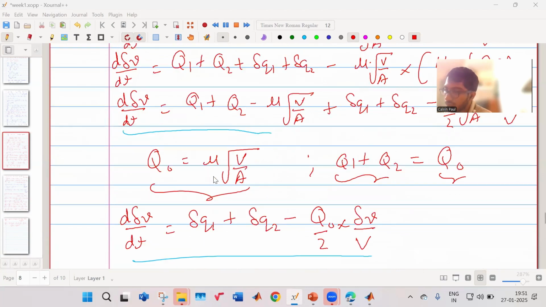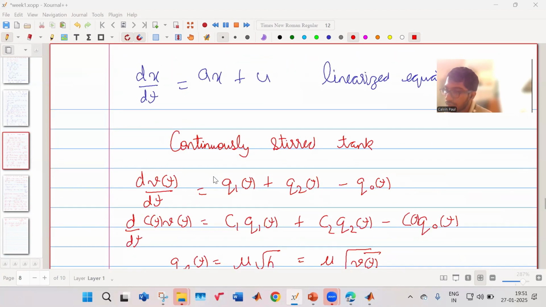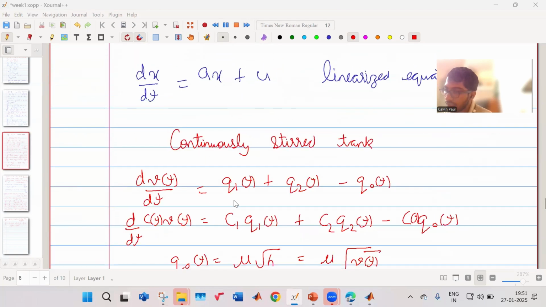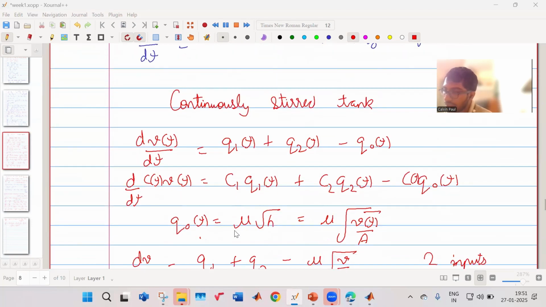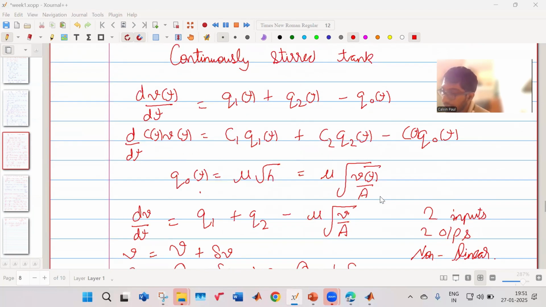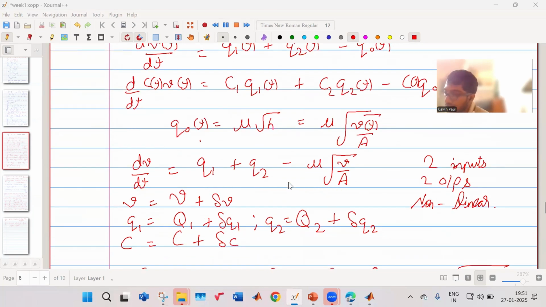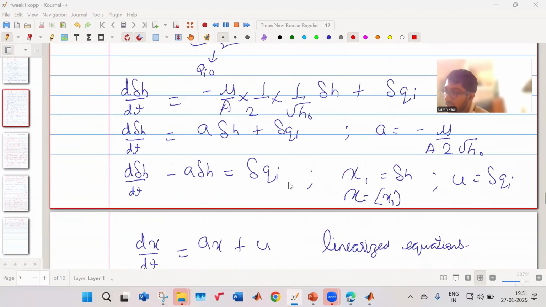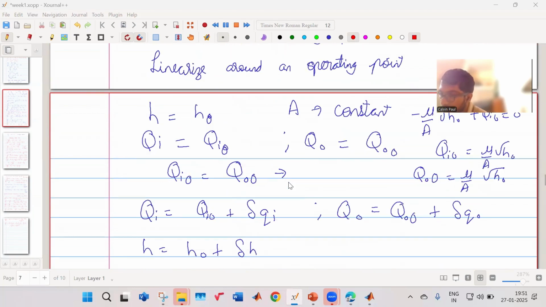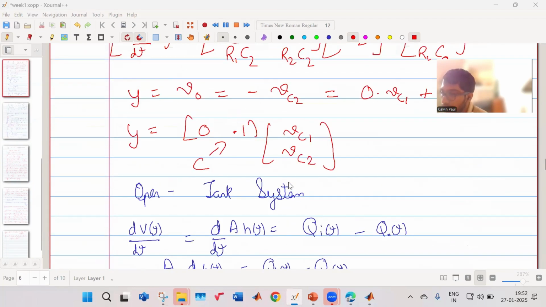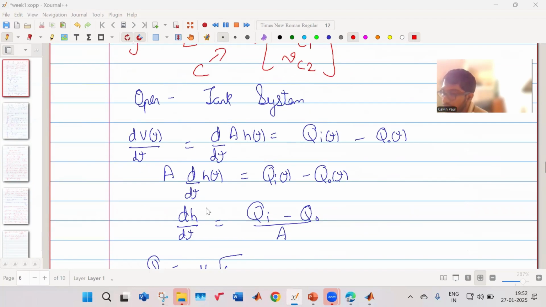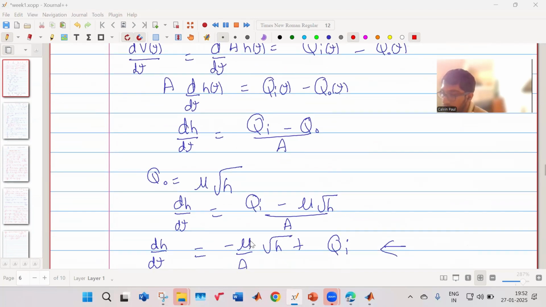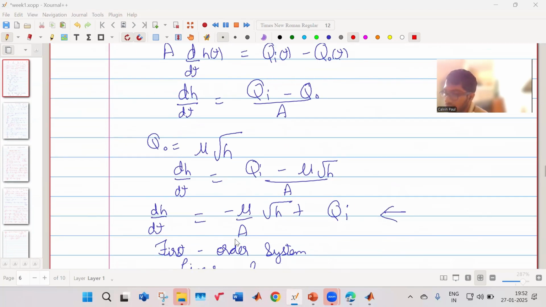So if you see, this is your general dynamical system. But your linearized dynamical system is the one, let me say, for the one which we have done properly. So over here, open time system, these are the effective dynamical equations.